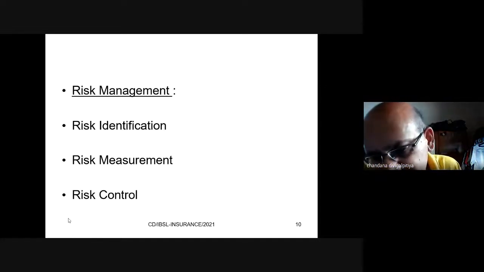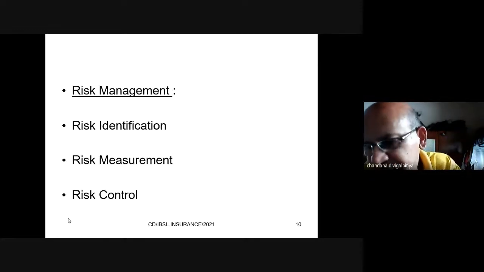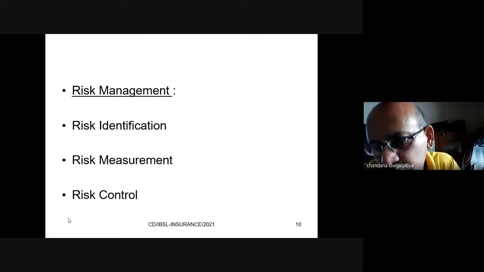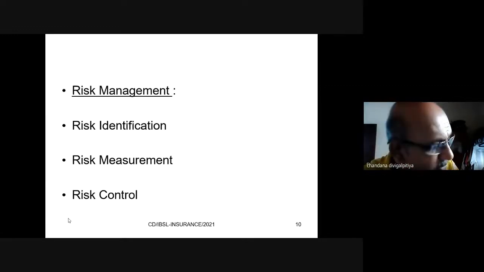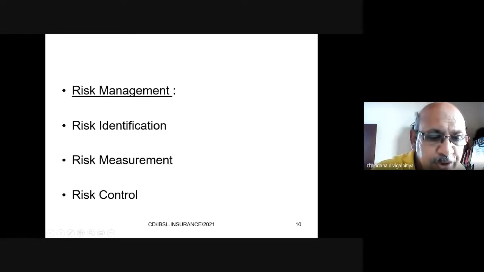Any business opportunity, any home situation, these are the areas where you need to identify the risk, put a measurement, and control. Proceed or not, or take insurance cover. Right? Just make a note of that.